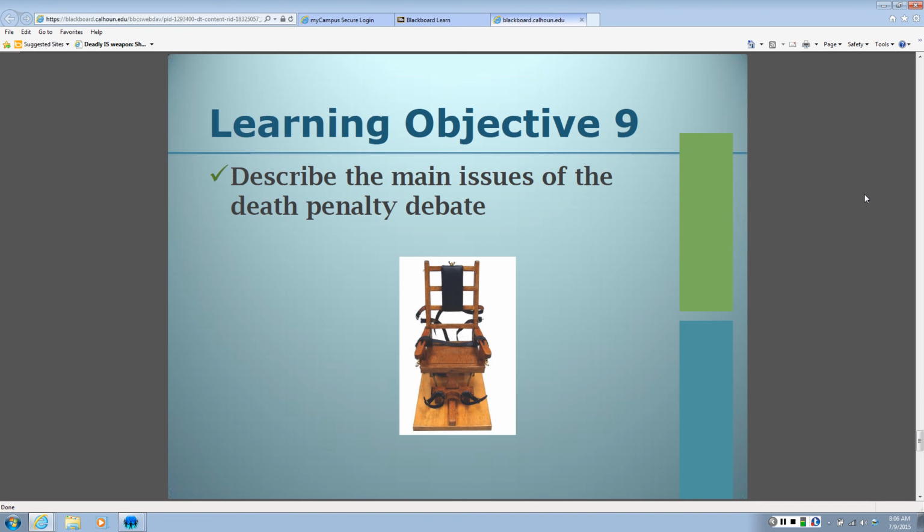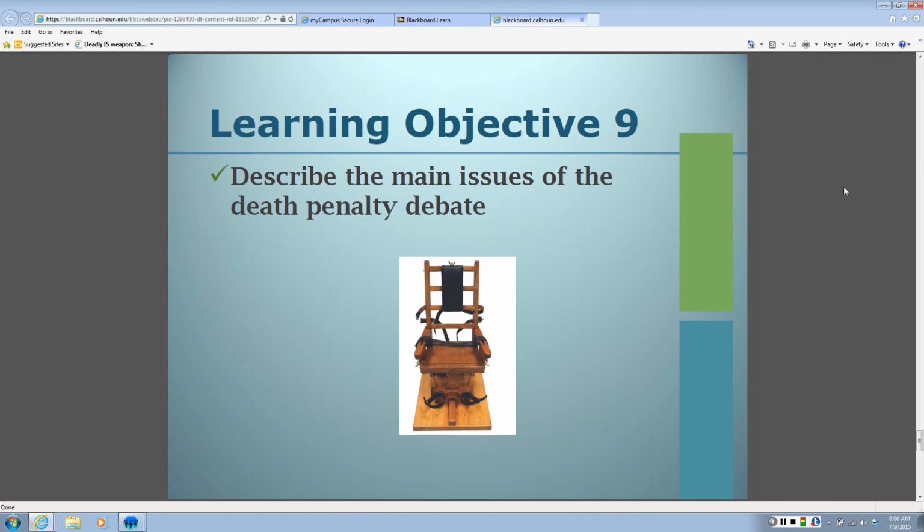All right, and then of course there are always some issues in regard to the death penalty debate. Your book does a pretty good job of talking about those, and if you look at some of the current events in regard to what some people are calling botched executions, many people are taking the drugs used in lethal injection to court, saying that we need to do something different.